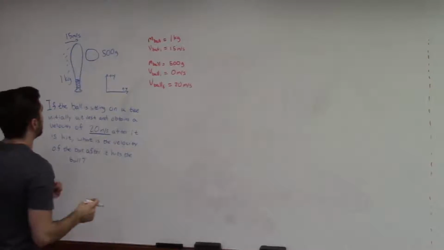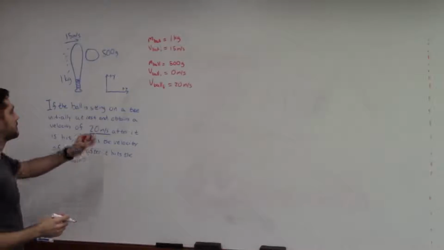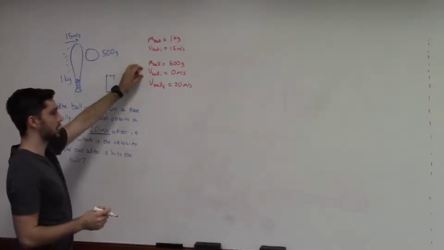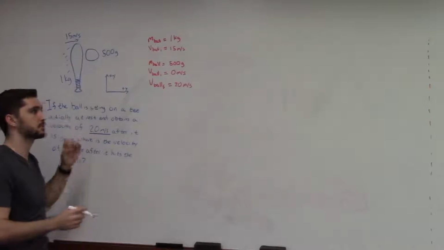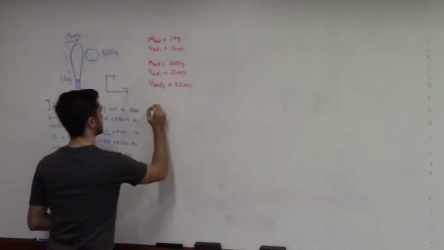Okay, so looking at this problem, I can see that I have the mass and velocity of the bat, the mass and velocity of the ball, and I have the velocities for the ball before and after the collision. So the first thing that pops into my head is the relation I know for conservation of momentum. So I'll go ahead and write that out.